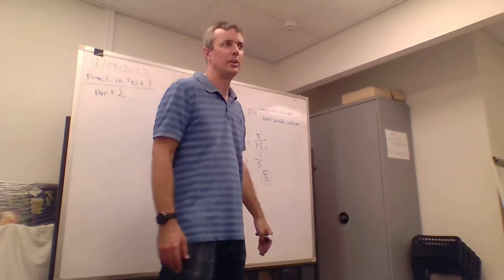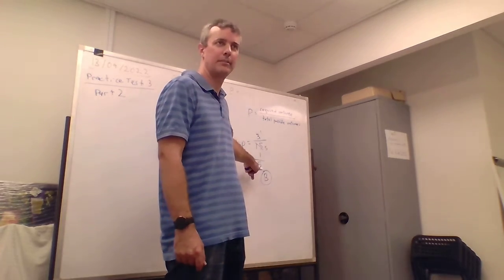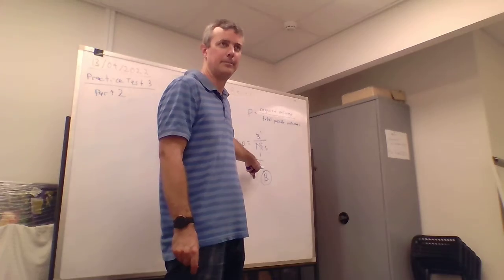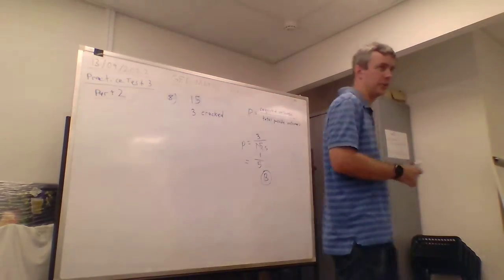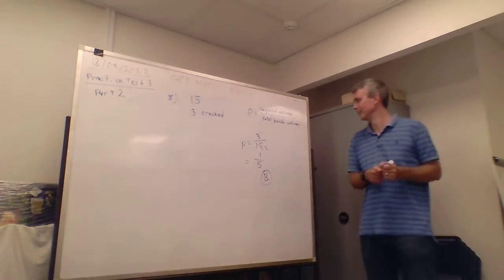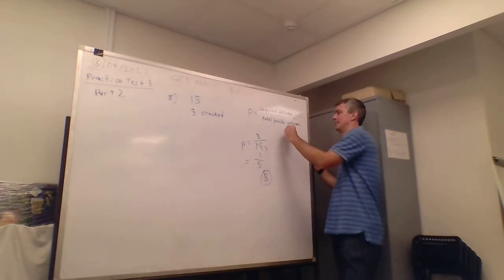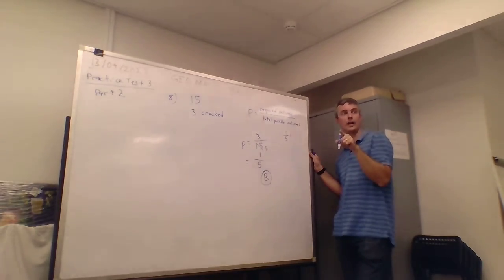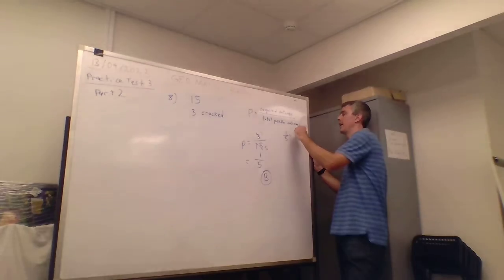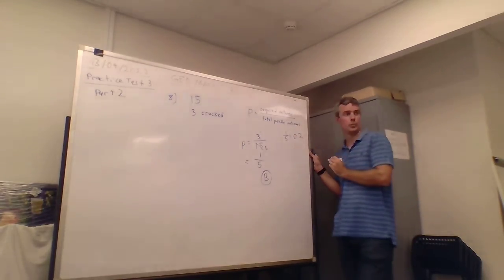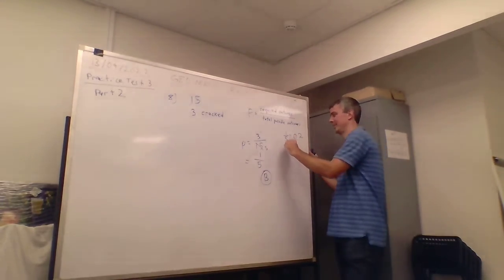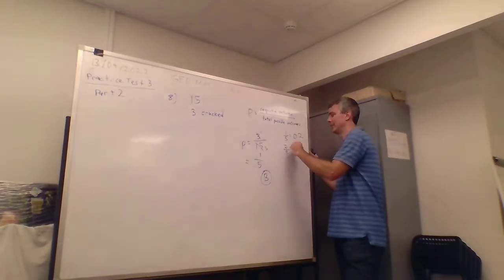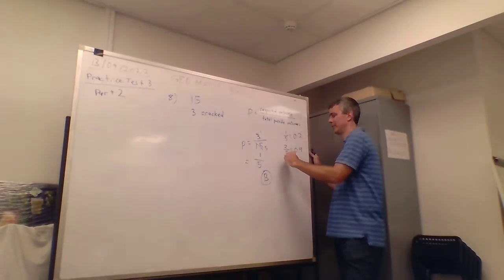1 over 5. Do you know what that is in percent? 0.5? No, 0.5 is 1 over 2. Remember? So 1 over 4 is 0.25. 1 over 5 is 0.2. You guys need to know these ones too. 2 over 5 equals 0.4. 3 over 5 is what?